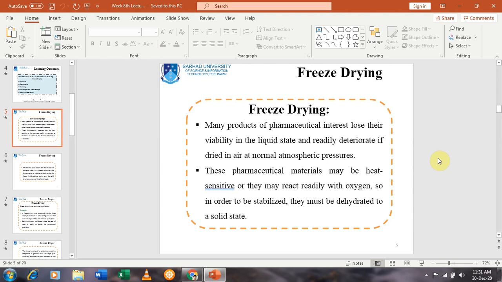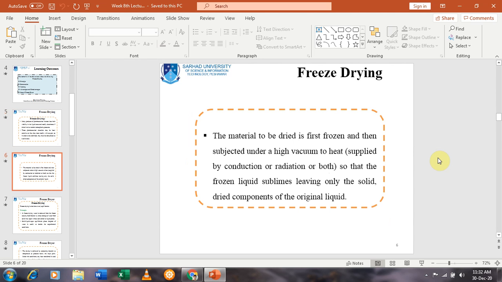So it is necessary to provide conditions which prevent this loss of the ability of the pharmaceutical products, and some of the materials may be heat sensitive. They may react readily with oxygen, so in order to stabilize them they must be dehydrated to a solid state.